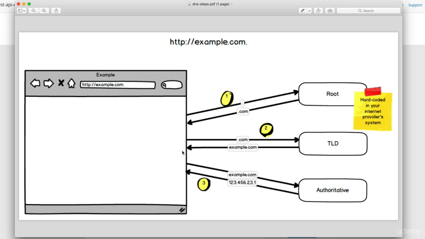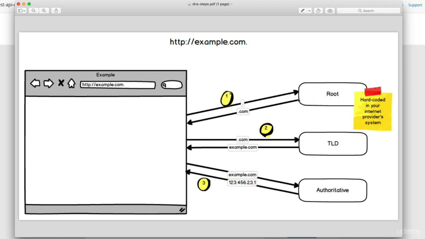So it gives us that. And then the last step is to go to the server that knows the IP address and ask it, what's the IP address of example.com? And then that tells us the IP address of example.com, which is down here. And the browser then loads that IP address.